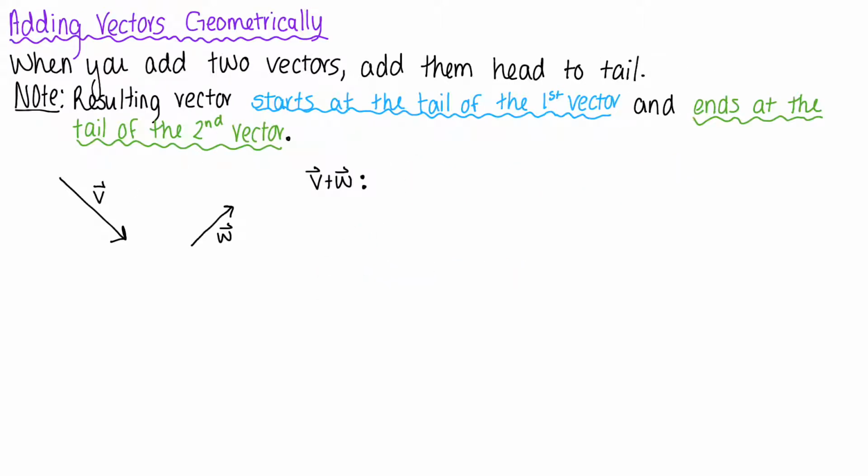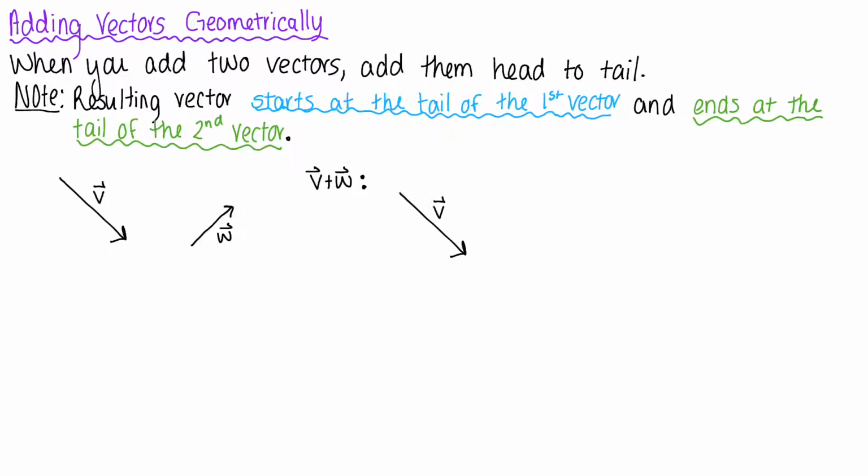There's a lot of things we can do with vectors. Geometrically, we can add vectors, we can subtract vectors, we can make multiples of vectors. So let's talk about adding vectors geometrically. When we add two vectors geometrically, so I have a vector here and a vector here, you're going to add them head to tail. So my first vector is v. Let me just copy and paste.